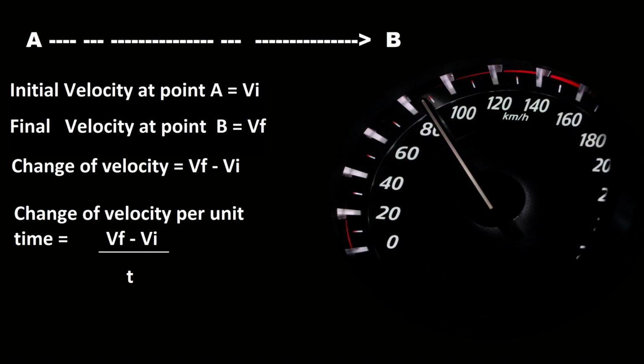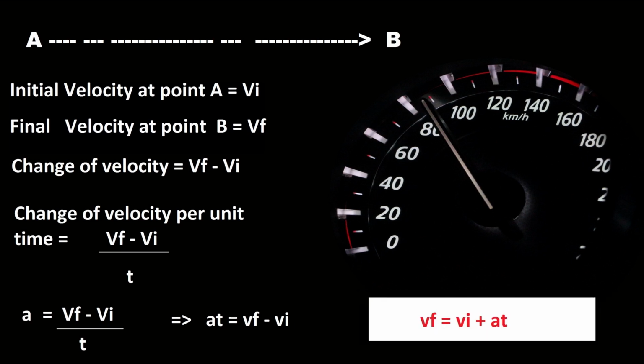So Vf minus Vi upon t is the change of velocity per unit time, and that is acceleration. So A is equal to Vf minus Vi upon t. If t from the right side is shifted to the left, we get At is equal to Vf minus Vi, and upon rearranging, we finally get Vf is equal to Vi plus At.